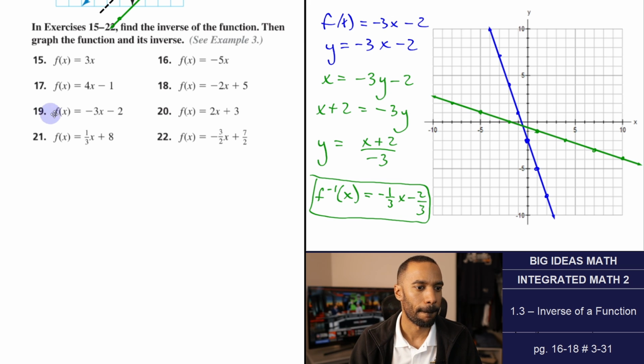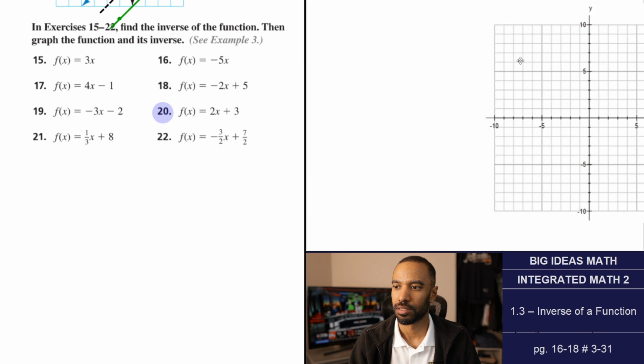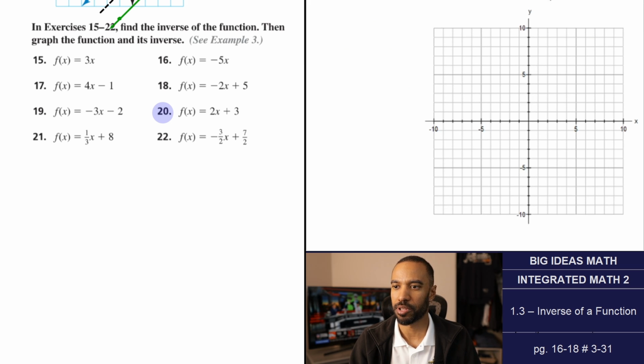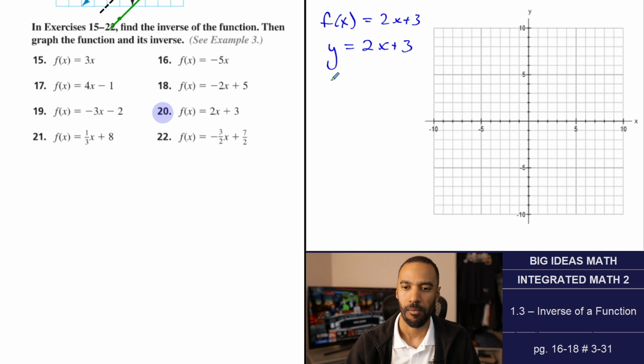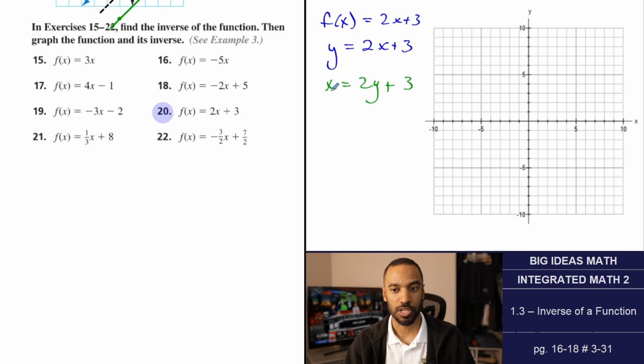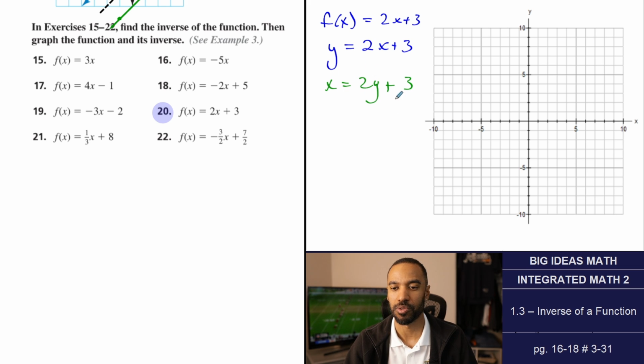Okay, three more. Number 20. y equals 2x plus 3. Make the swap. This is the inverse, remember. If you graph this on Desmos, it will be the inverse that we're going to see on the graph itself.